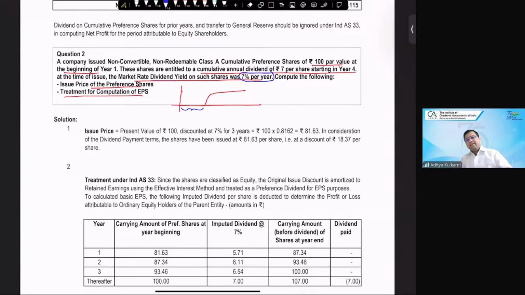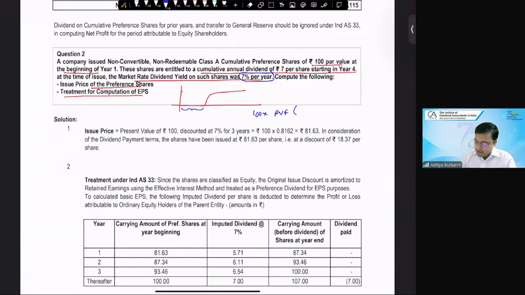So the present value of this 100 in today's terms, because the actual cash inflow is happening after 3 years. I'm not paying anything for year 1, year 2, and year 3, and therefore I will have to issue it at a discount.